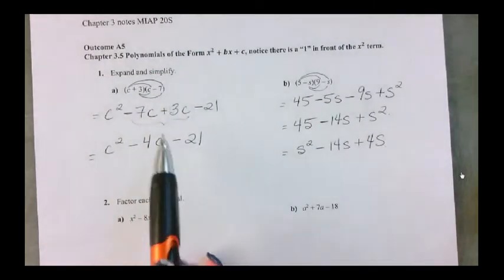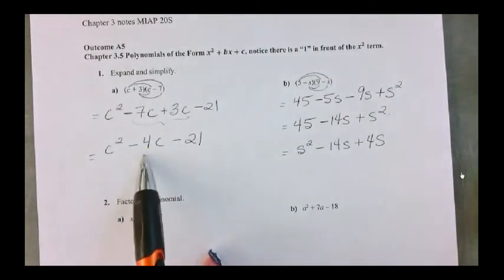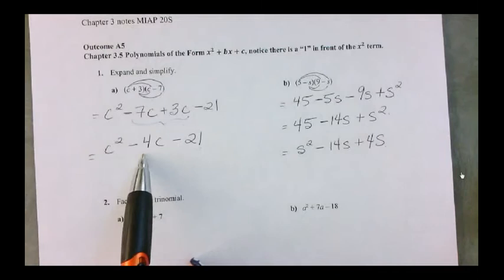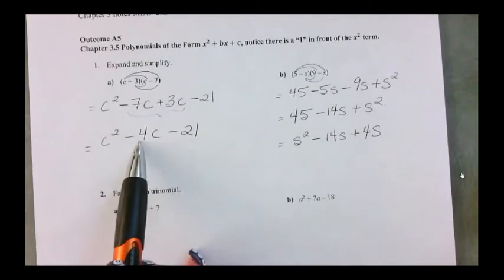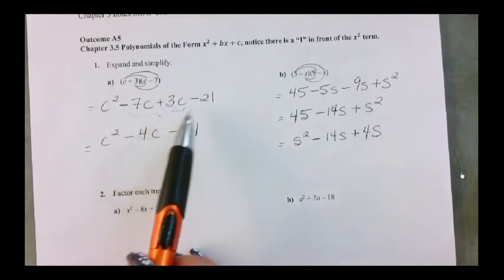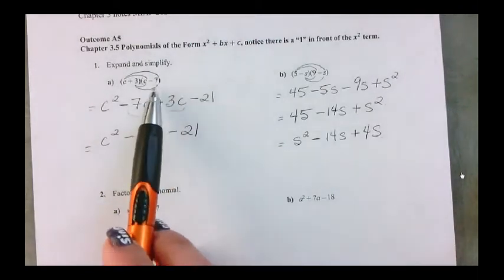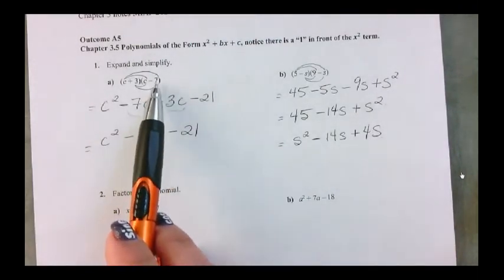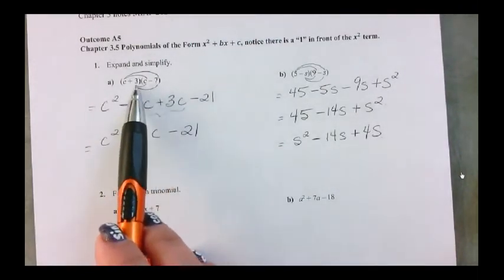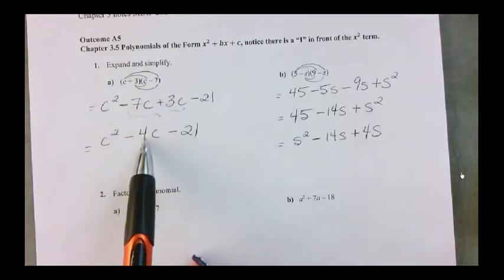Okay, now this here is a little trickier because it's changed, it's morphed, right? We've simplified it. But can I come up with a relationship for the minus 7 and the 3 to get me a minus 4? How would I do that?